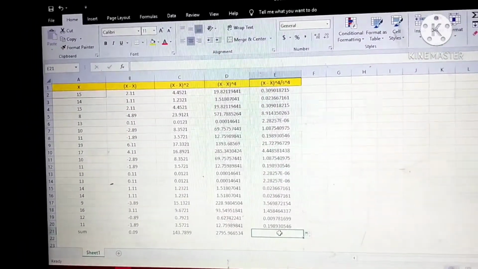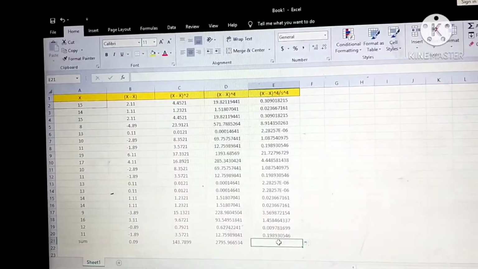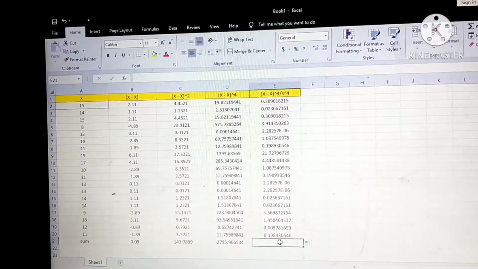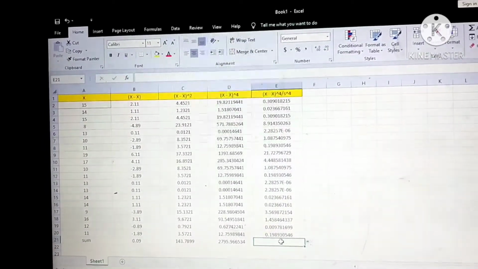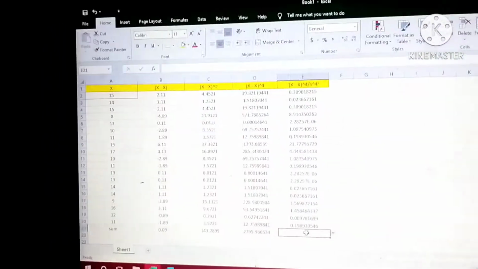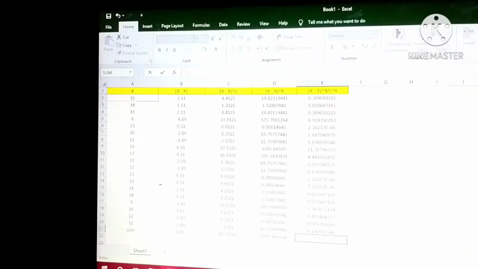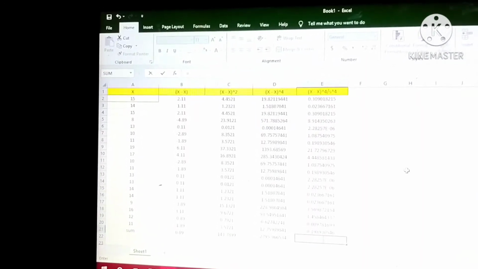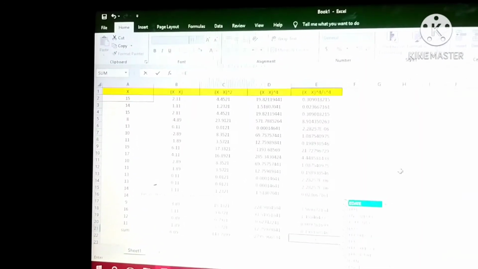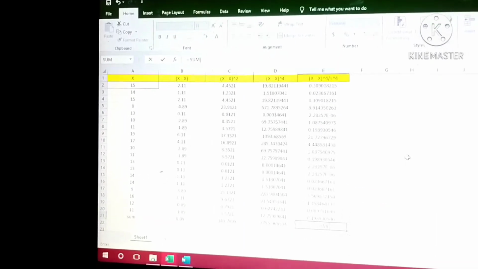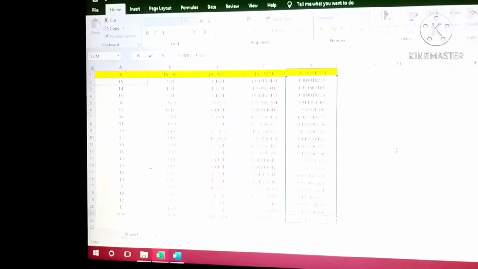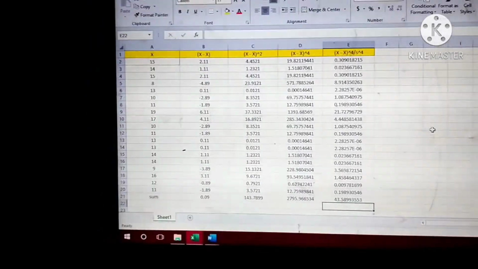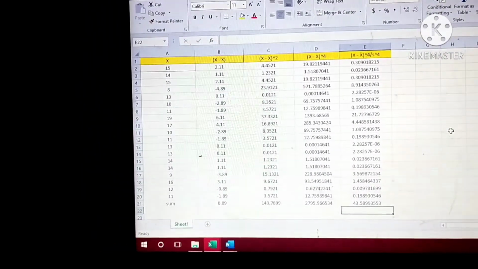Then to find the summation of the quantity of X minus the mean raised to the 4th power over s raised to the 4th power, we're going to use the formula equals SUM E2 up to E20, then enter. And that's the value now.